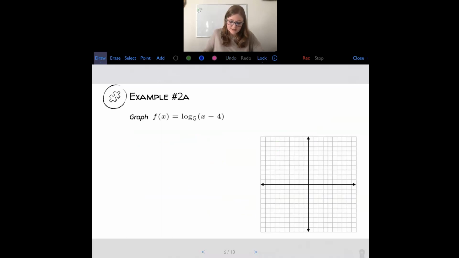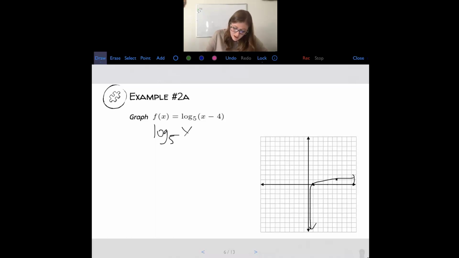Let's look at something if we have a shift. We have f of x is equal to log base 5 of x minus 4. This starts with the base graph of log base 5 of x, which we just did. So there's a point at (1, 0) and (5, 1) that looked like this.